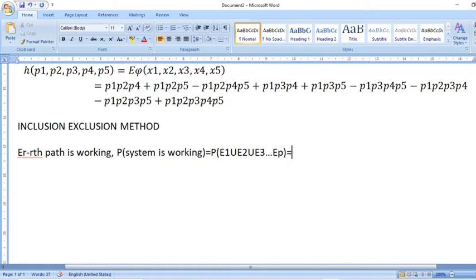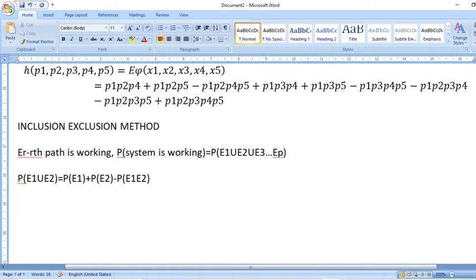But you know that for the probability calculation, the probability of A union B is equal to the probability of A plus the probability of B minus the probability of A intersection B. So the probability of E1 union E2 will be the probability of E1 plus the probability of E2 minus the probability of E1 intersection E2. This is the probability for the union of two events.